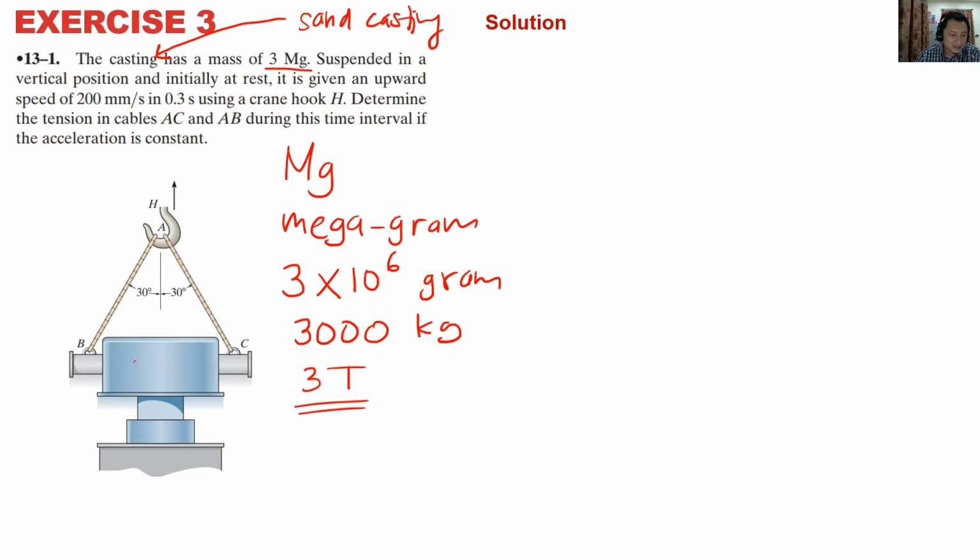So this weighs 3000 kg in our SI unit. Suspended in a vertical position, initially at rest. So when time is equal to 0, initially at rest, velocity 0, displacement also 0.